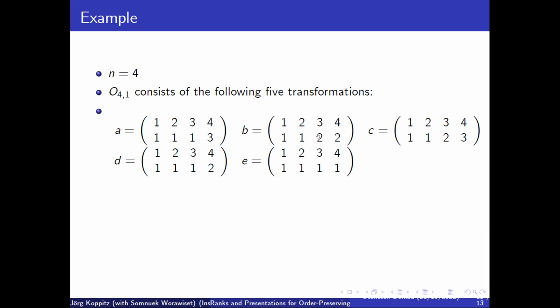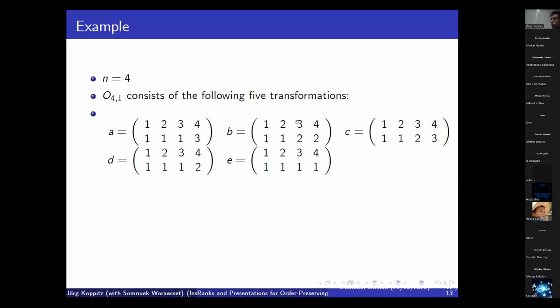Can I put 4? No, 4 is not possible. We can say already now 2 is the highest one, because the image of the input is properly smaller than the input.